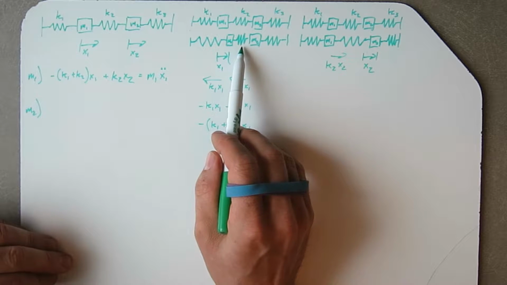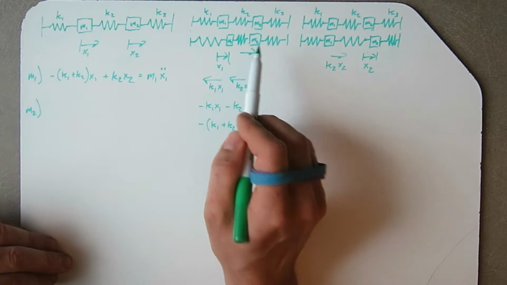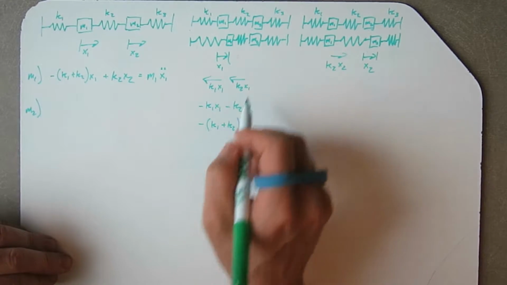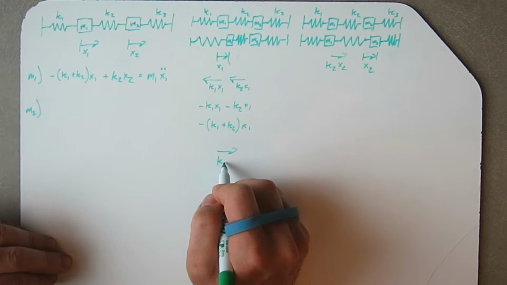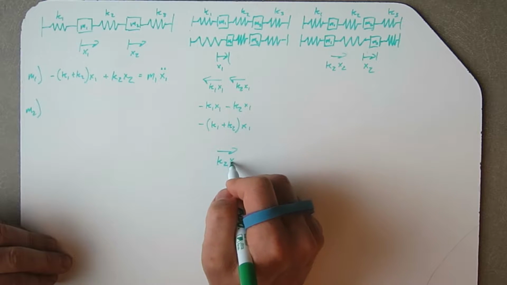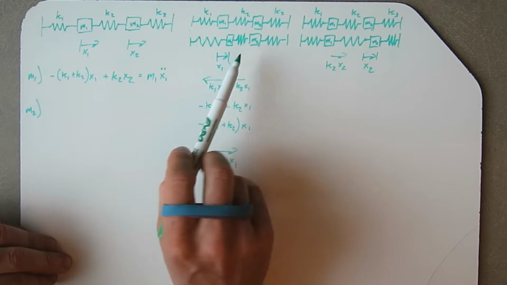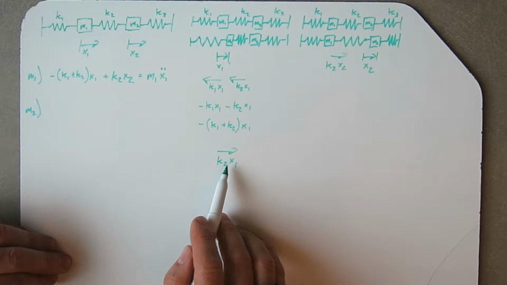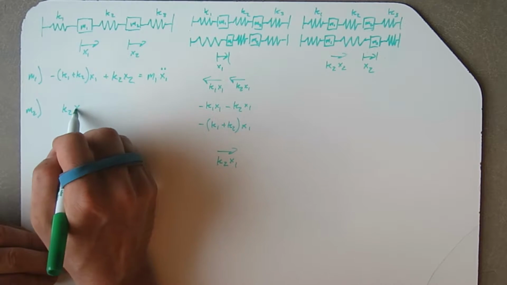M2 will feel the force from K2 being squished, and it's going to want to push M2 that way. So what we're going to get is a force on M2. It'll be K2 x1. Remember, positive displacement x1, K2 squished, it'll push on M2. So for displacement x1, we get K2 x1 force on M2.